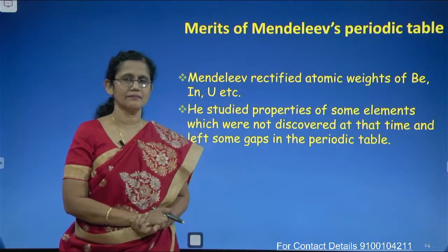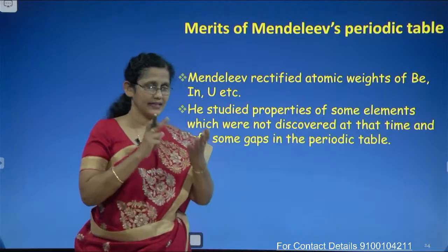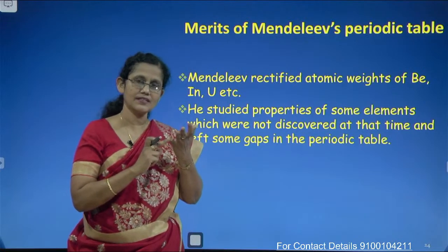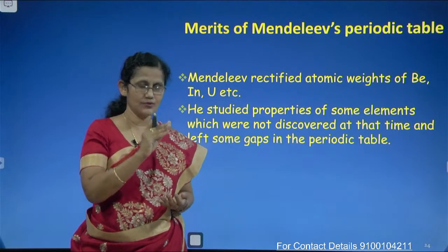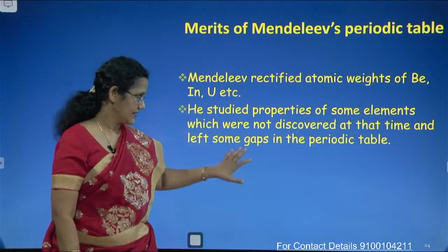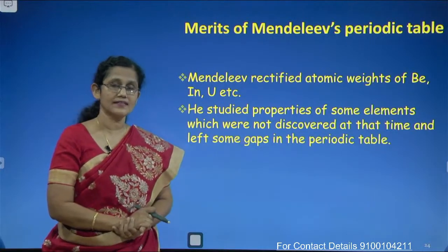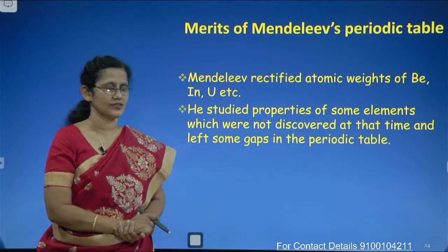So, these are all merits or advantages of Mendeleev's periodic table. Which formula he used? Atomic weight is equal to equivalent weight into valency. He studied the properties of undiscovered elements and left some gaps in the periodic table.